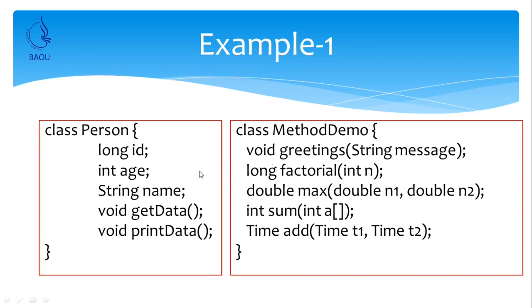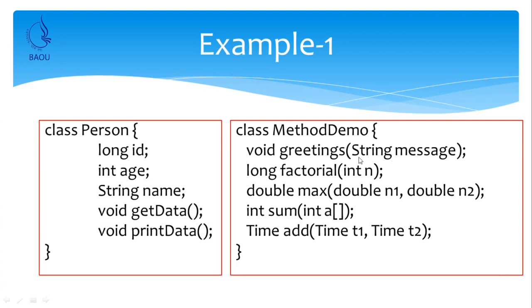Now, we will write down this program so that you can better understand how these methods work. Another class we are going to write down is method demo, and it simply defines different methods. So, this first method has a return type void, its name is greetings and it prints a message provided as an argument.